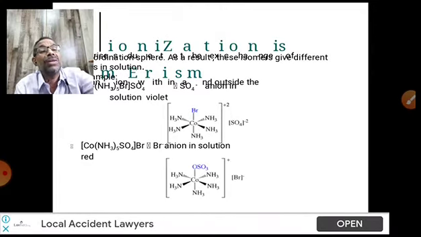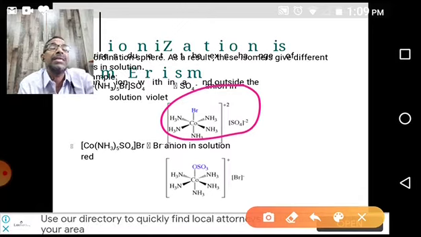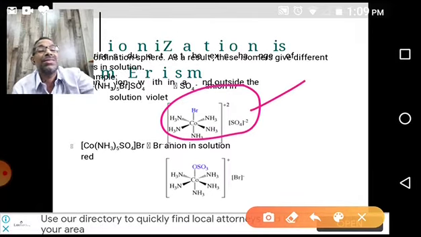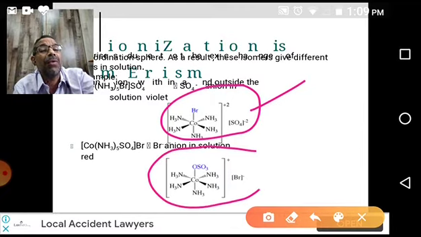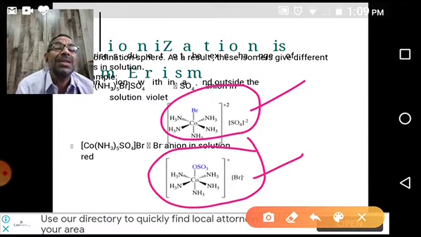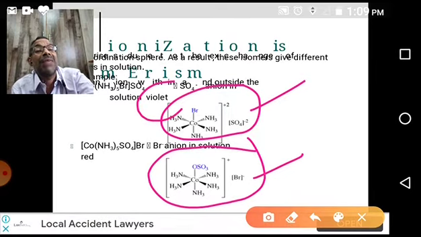But when we dissolve this compound in water, it gives sulfate as an ion in solution, whereas this compound, when dissolved in water, gives bromide ion in solution. The compounds' colors also change. This compound exists in violet color, whereas this compound exhibits red color.